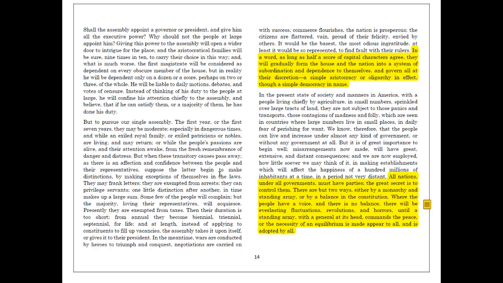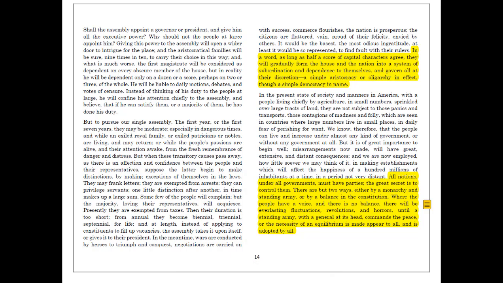In a word, as long as half a score of capital characters agree, they will gradually form the house and the nation into a system of subordination and dependence to themselves, and govern all at their discretion, a simple aristocracy or oligarchy in effect, though a simple democracy in name.